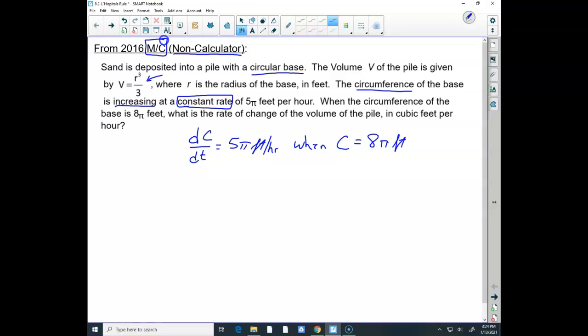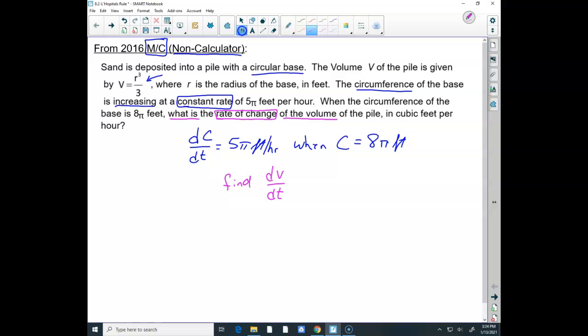And they want to know what is the rate of change of the volume. So find dV/dt of the pile in cubic feet per hour. Okay, well, they want me to find dV/dt. Well, how the heck am I going to do that?